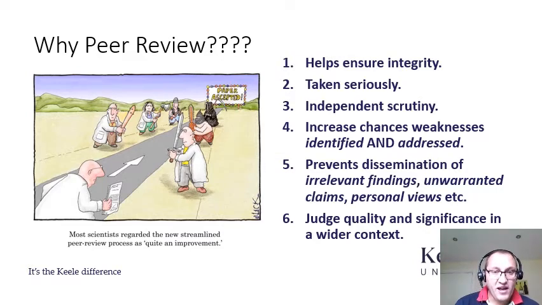And if you do get through it, you've produced material of a certain standard. And the peer review allows the reviewers to judge the quality and the significance in a wider context. So as a reviewer, as an editor, you're going to have your own very specific context, whereas by sending it wider, you can understand whether something's going to be of benefit and importance to the readership.